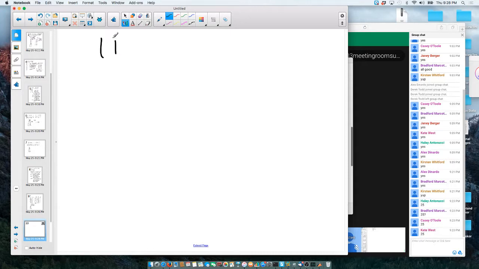Let's not do 11 because 11 looks like a binary number. Let's do 13. Give 13 a shot and see what you come up with. It'll have fewer digits than my 97 had.